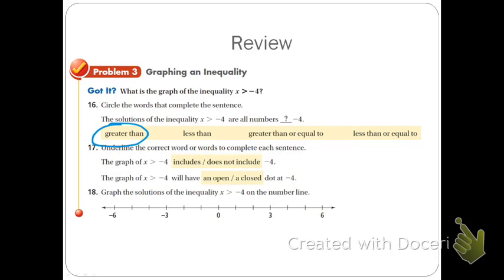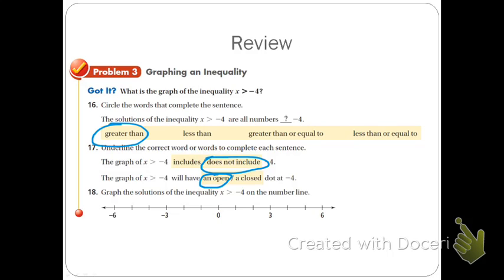In question 17, underline the correct word or words to complete each sentence. The graph of x is greater than -4 does not include -4. Why? Because there's no equal sign underneath it. The graph of x is greater than -4 will then have an open dot at -4.